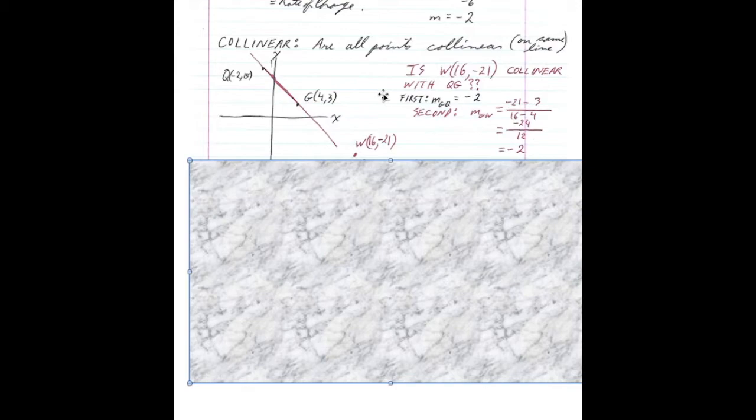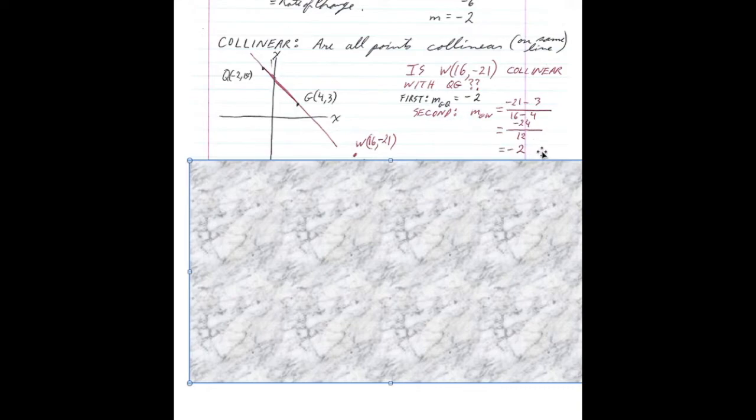Well, the first thing I would have had to do is figure out the original slope between GQ. And we did that above, so there is your slope. Okay, -2. Now what I do is I use point W with any other point of the first 2. I chose to use G, and I use the slope formula again with this new point.